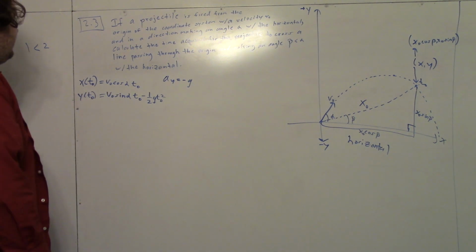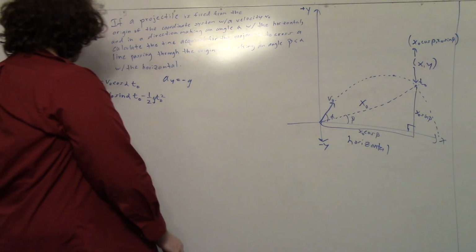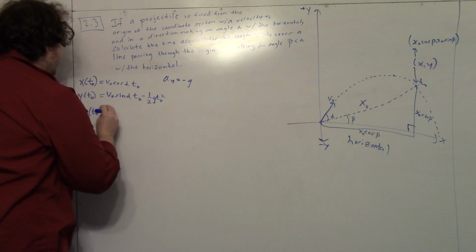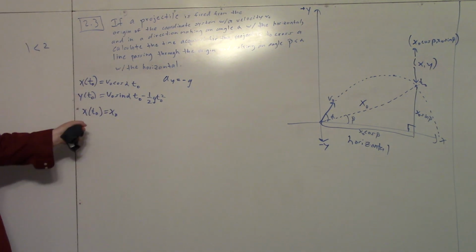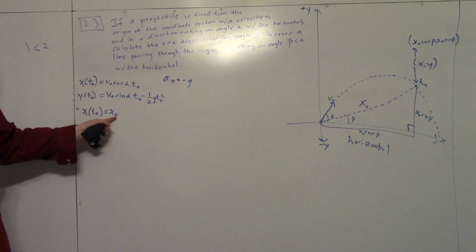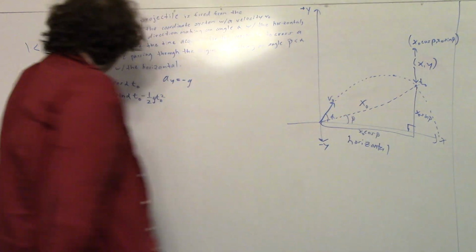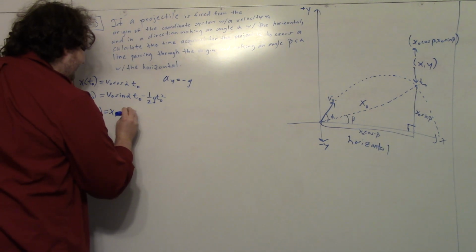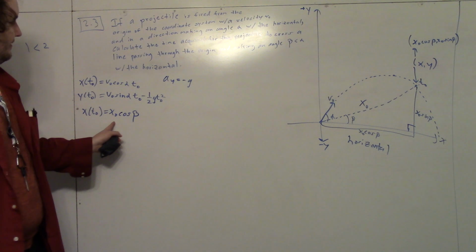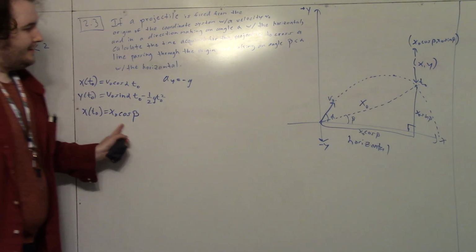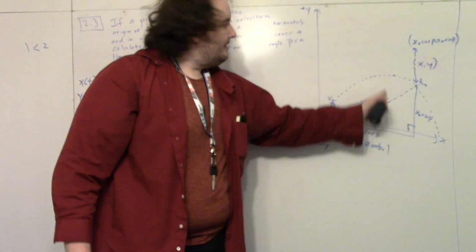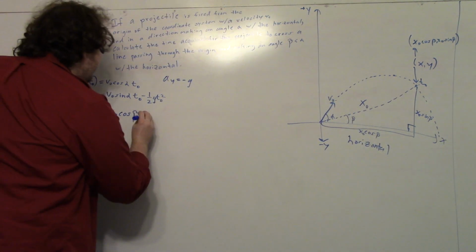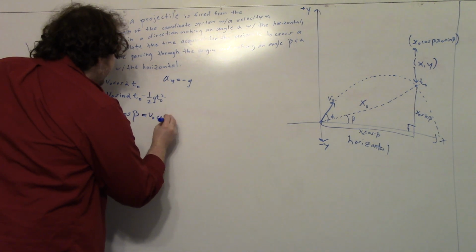Let's see. This x(t naught) is equal to some distance, right? That's our x naught. So, if that's our distance right here, of this point, we can re-express this as initial velocity cosine alpha t naught.